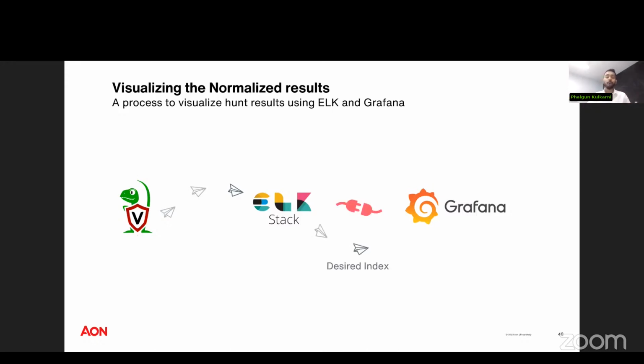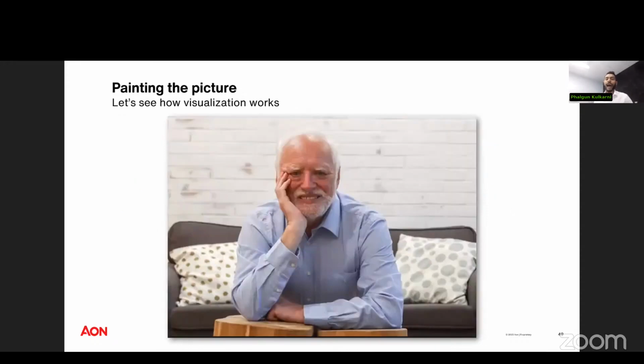Now, why we import the index is because when we push results from Velociraptor to ELK stack, the results will be saved in the form of an index. So that's the reason we need to import the index into Grafana. And in Grafana, we will be creating a node edge graph of the desired index. So let's see how the visualization process actually works.